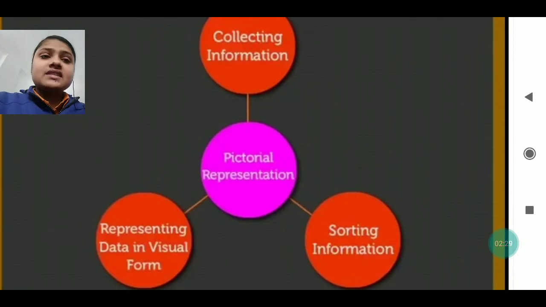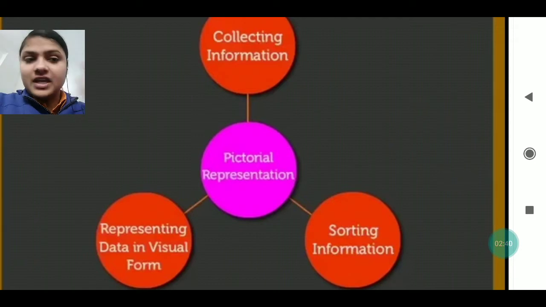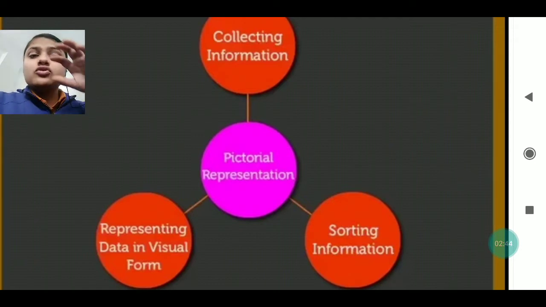You can see here, collecting information. What is a pictograph? Collecting information and representing it in a visual form. What do you mean by visual form? By the help of symbols or pictures. Sorting information means we collect the information and sort that information with the help of data or symbolic representation.